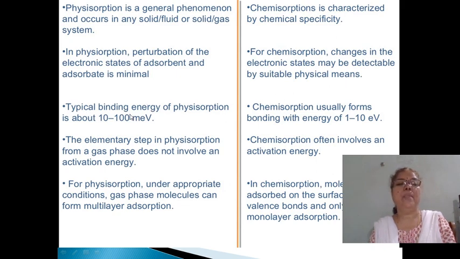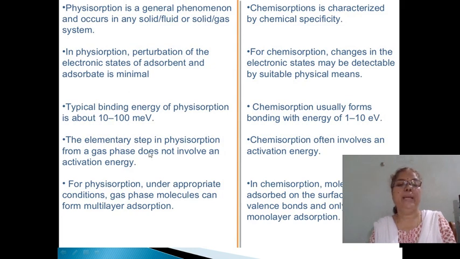Then typical binding energy of physisorption is about 10 to 100 milli electron volts, and chemisorption usually forms bonding with energy in the order of 1 to 10 electron volts.